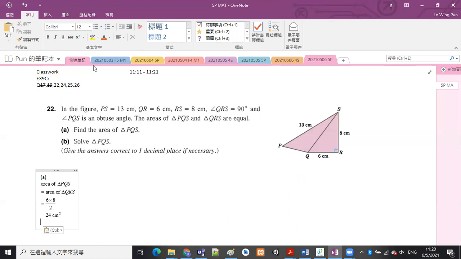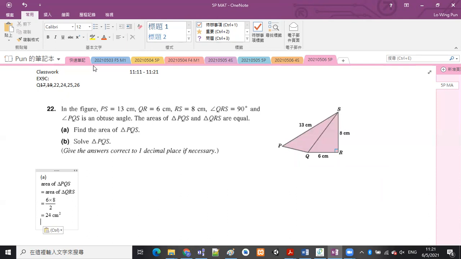Okay, and then what else can we find for part B? For part B, we just have one length. So we need to find the other 2 lengths and all the 3 angles ourselves, right? Which one should be found first?